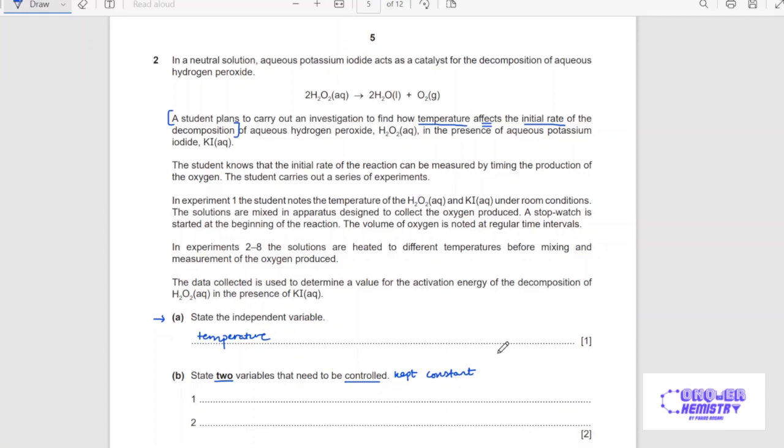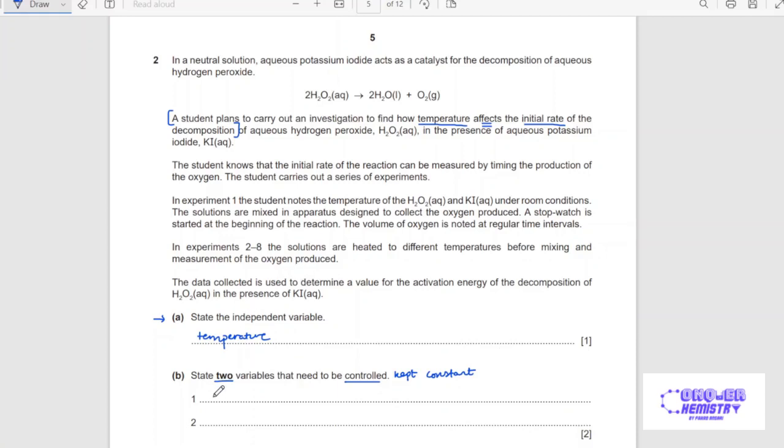Well, you want to make sure that nothing else affects the rate of reaction except for temperature. So that means concentrations of the reactant and the catalyst will remain constant. That's another factor that could affect the rate of reaction, the concentration.